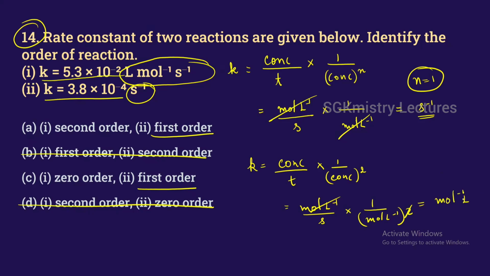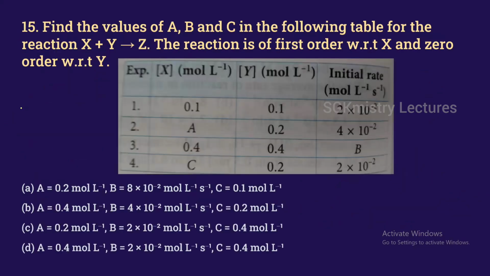When it comes to the numerator, it becomes liter to the power of 1. Second, when it comes to the numerator, becomes second inverse. So we get mole inverse, liter, second inverse. So we know it is for the second order reaction. So the first one is a second order reaction and the second rate constant is for the first order reaction.